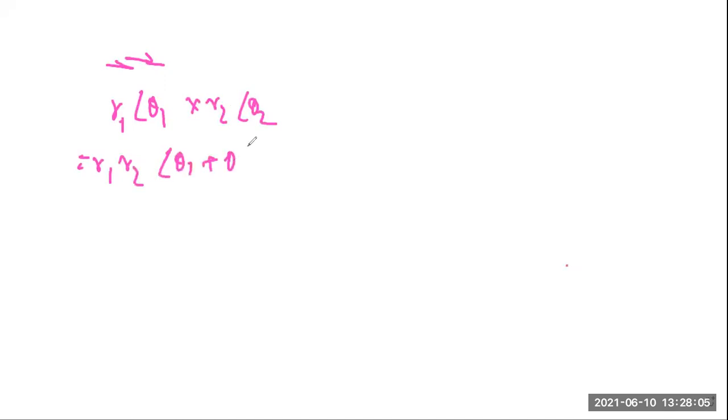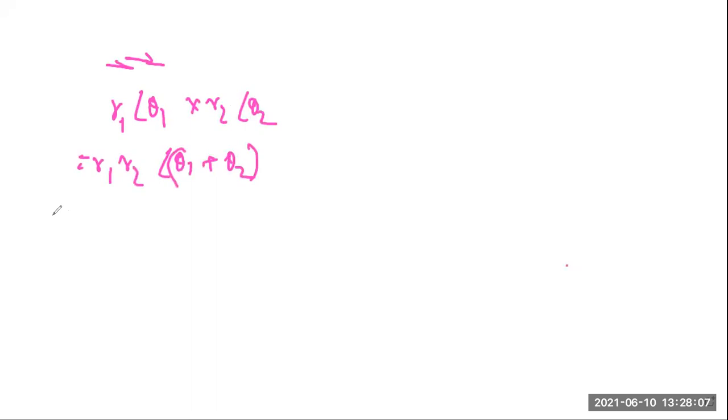R1 into theta 1 multiplied by R2 into theta 2 will be R1 R2 into angle theta 1 plus theta 2.